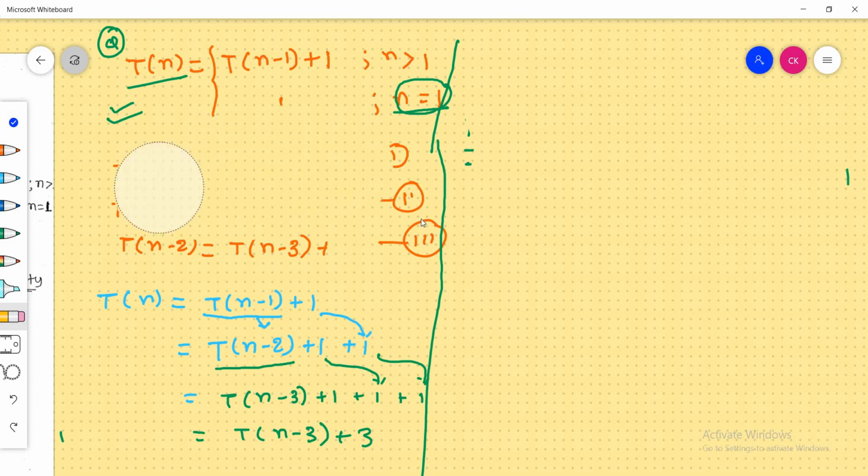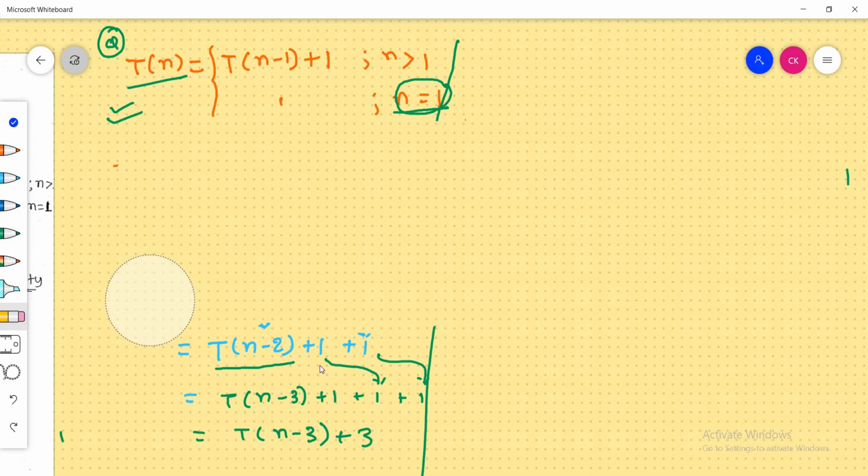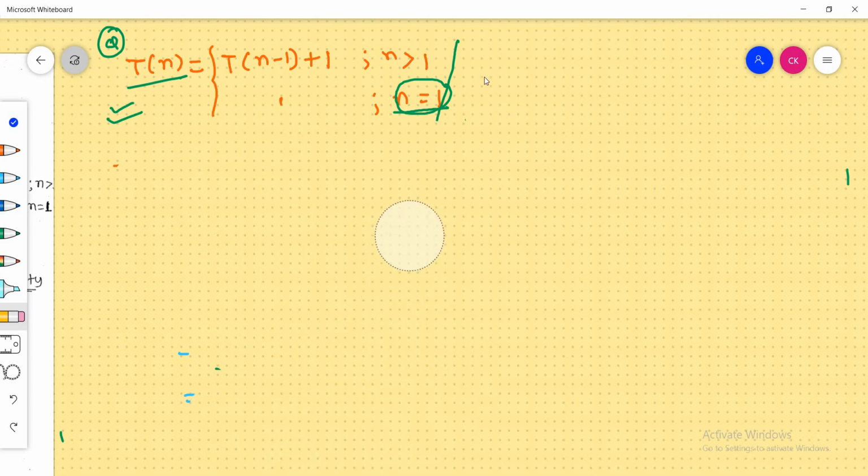Okay, let me erase all this, otherwise you will get confused. So let us suppose the next question is, T of n is equal to T of n minus 1 plus n, for n greater than 1, and this will be 1 for n is equal to 1.